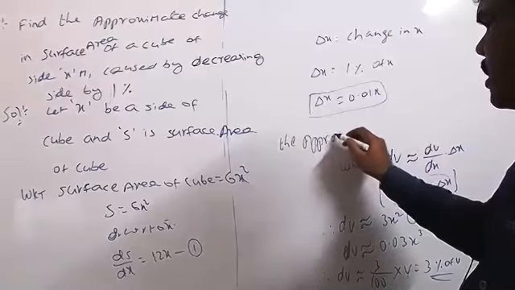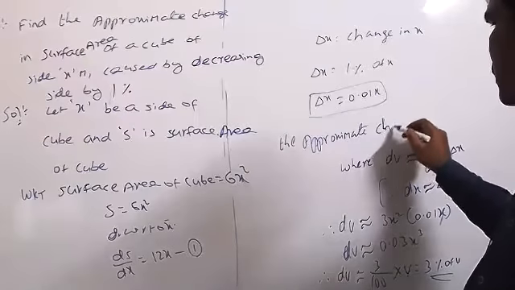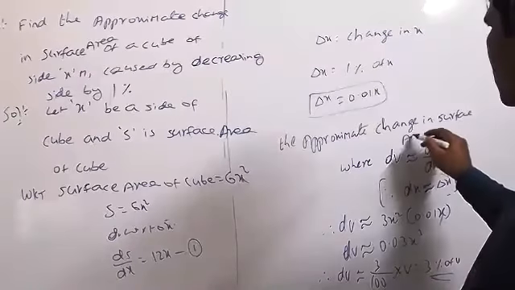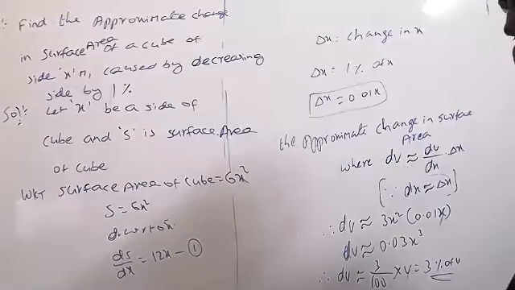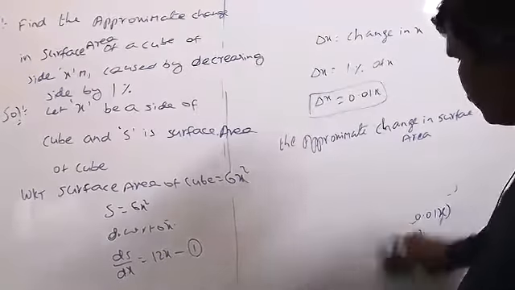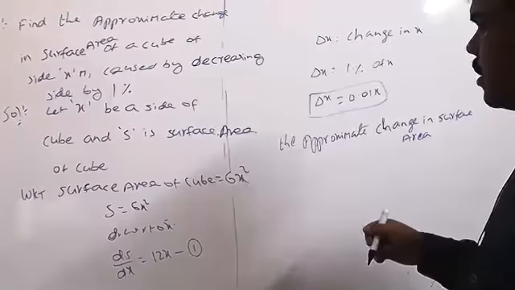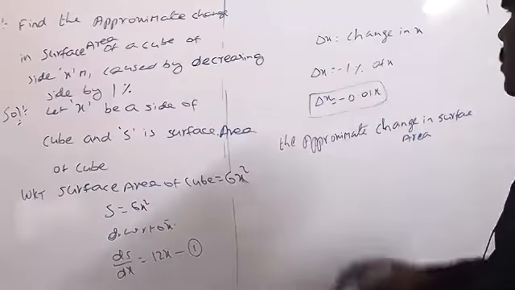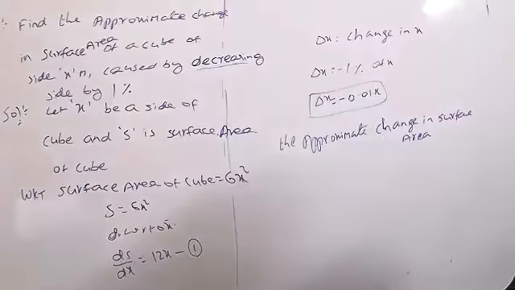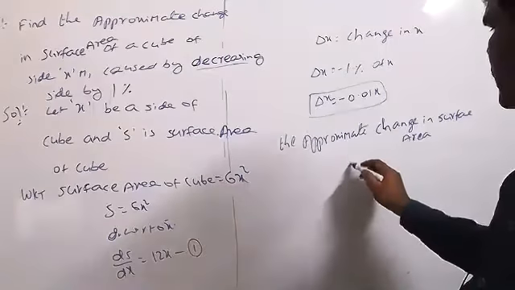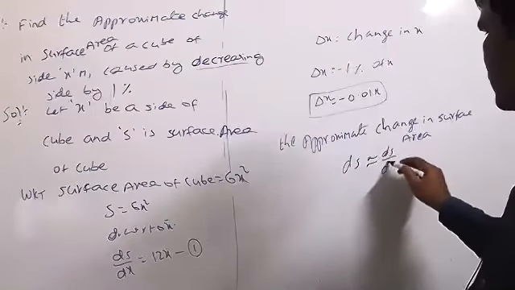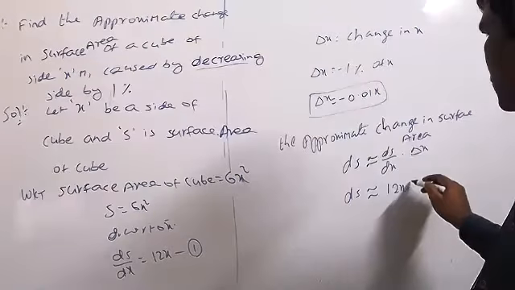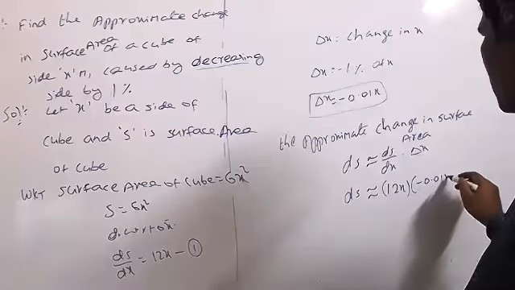Since it is a decrease, delta x is minus 1%, so we take minus 0.01x. So dS is approximately dS by dx into delta x, which equals 12x into minus 0.01x.